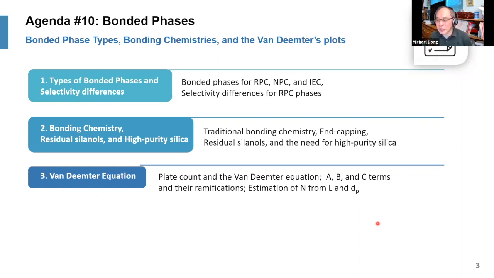I continue to see a lot of people reporting from contract labs plate counts under gradient condition, and immediately I would tell them that it's not correct. It's just wrong. You cannot measure plate count under gradient condition, right? You can say apparent plate count, but that has no meaning.